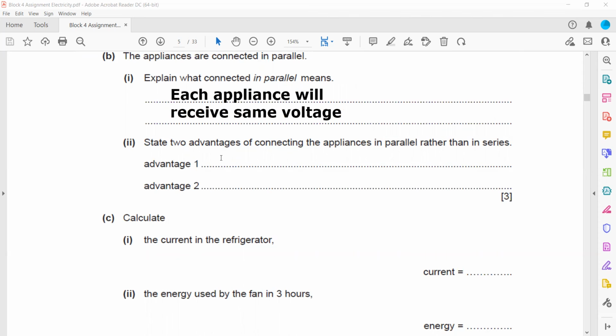Number one, they will work independently. And number two, they will have the same voltage.